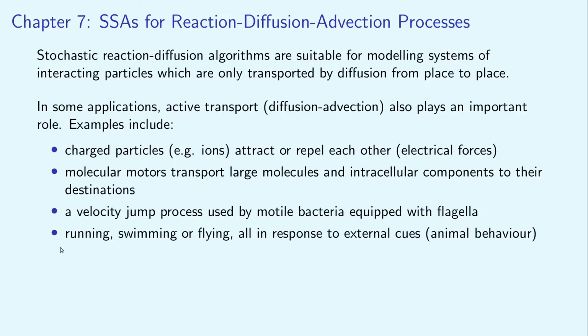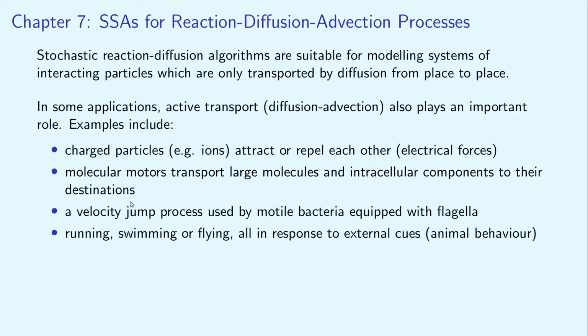In chapter 7, an example of the smallest spatial scale is discussed in section 7.5, where charged particles, like ions, attract or repel each other through electrical forces. Considering intracellular processes, molecular motors transport large molecules and intracellular components to their destinations.